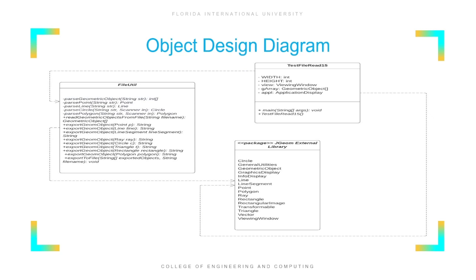But again, we see all these important functions of parsing all these different types of objects and also exporting all these different types of objects and also storing all this important data. Here we see the test file read had all private variables such as width, height, the array, and the application, which is all used in graphing.